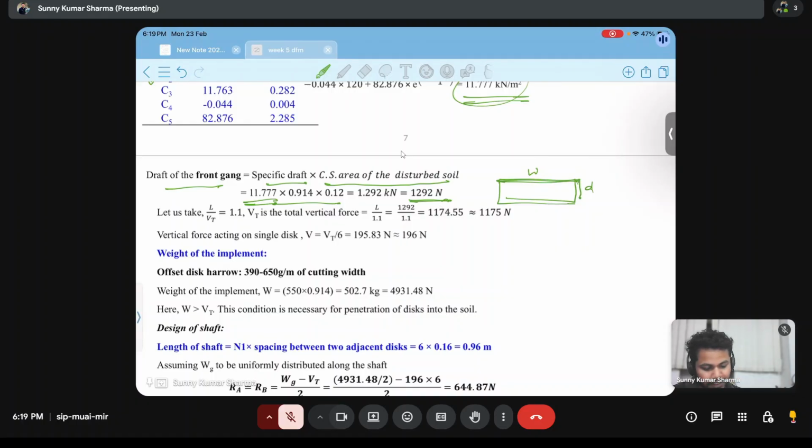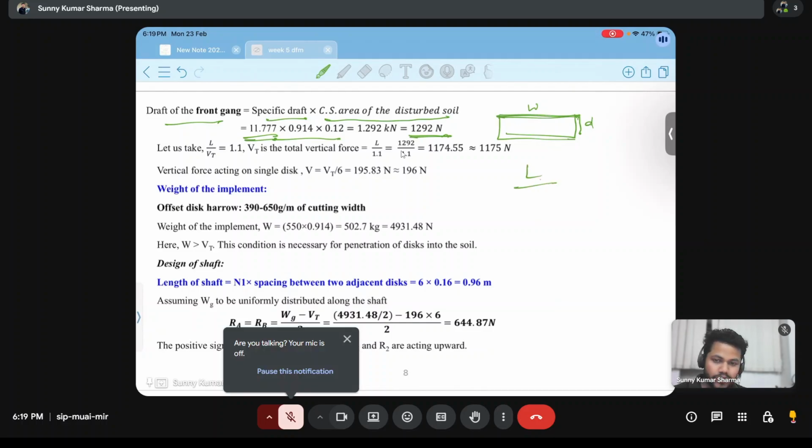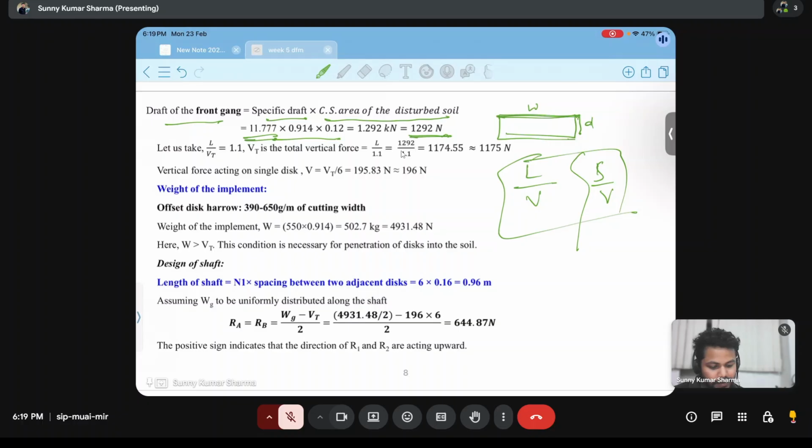So this is the draft of the front gang, and we discussed in the last class that for a disc harrow or disc plow we have some empirical values for L by V and S by V. These fractions have values in the table I presented last class.